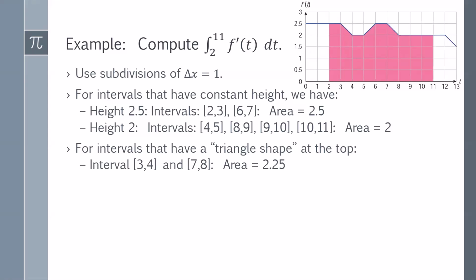Our diagonally shaped intervals, for example, the ones from 3 to 4 or 7 to 8, those have area 2.25. The interval from 5 to 6 also has area 2.25.